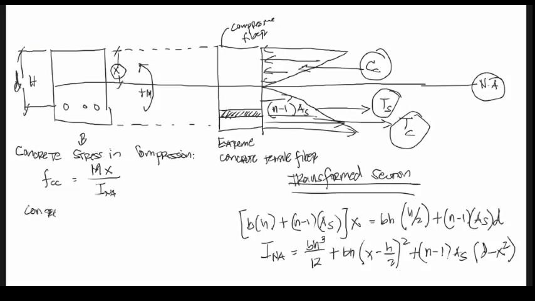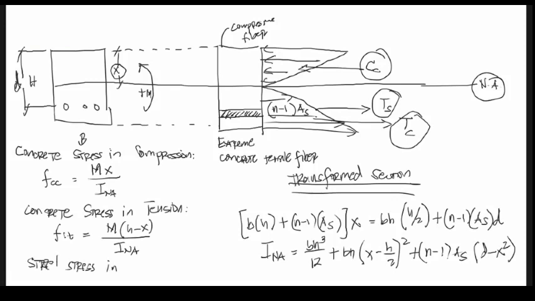Your concrete stress in tension, that is F sub CT, that is equals to the actual moment multiplied by H minus X over I_tr. And your steel stress in tension, that is F sub S is equals to n multiplied by the actual moment times d minus X over I_tr.